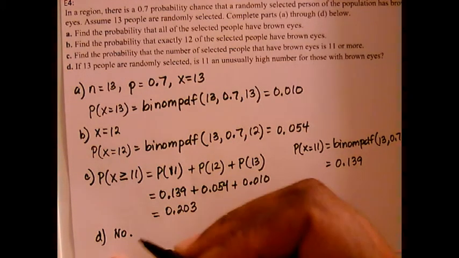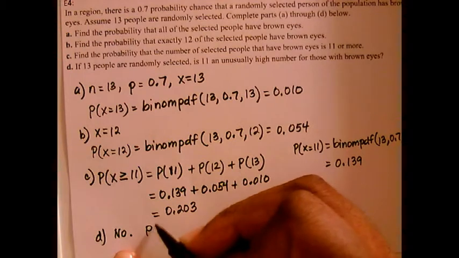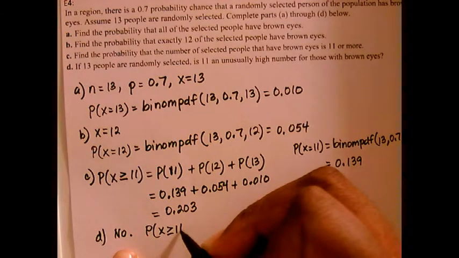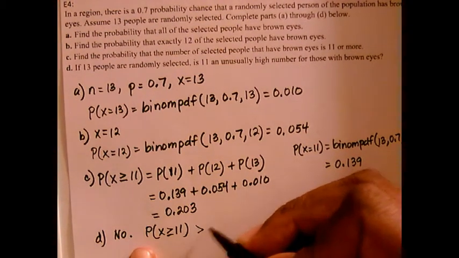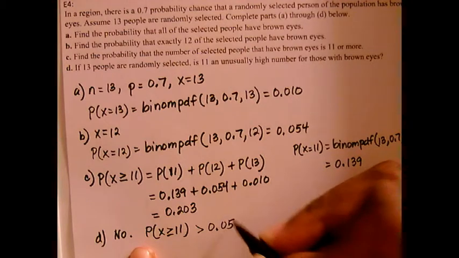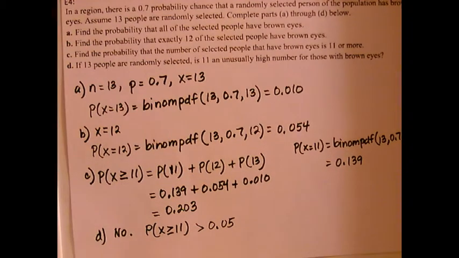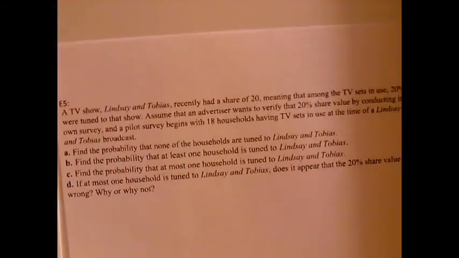So we can say no, that the probability of x is greater than or equal to 11 is greater than 0.05. Okay? Now, had it been less than 0.05, then 11 would be an unusually high number. Okay? And I have one more example that I need to cover in this video.